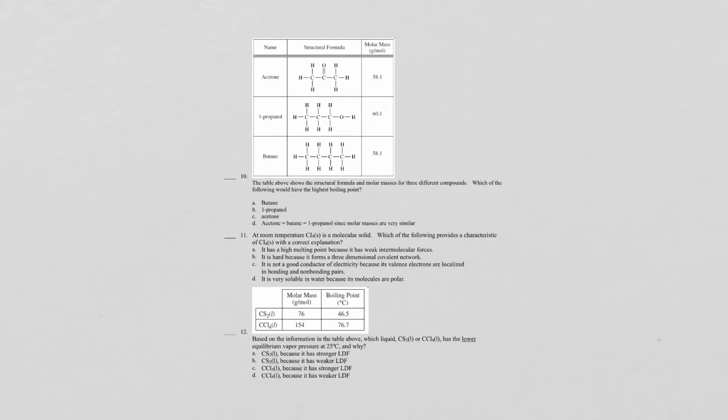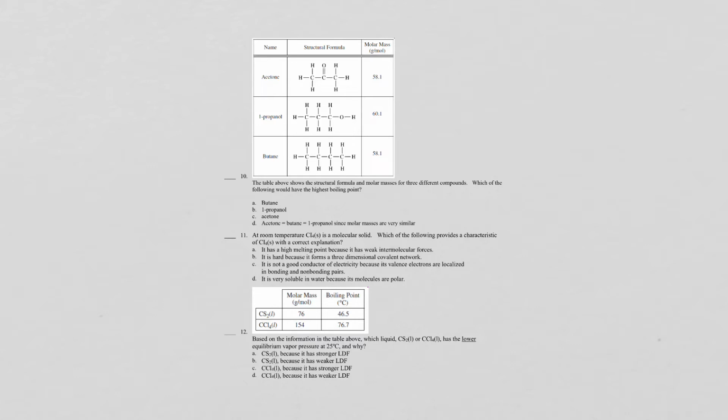So the question is, which of the following would have the highest boiling point? So again, we saw one that was lowest, this one's highest. So we're looking for the most polar molecule. It's not going to be butane, that's the one that's only nonpolar, so it's only going to have the London dispersion forces. If we look at the other two, they both also have London dispersion forces, but the C double bond O, that bond is not as polar as an OH bond.